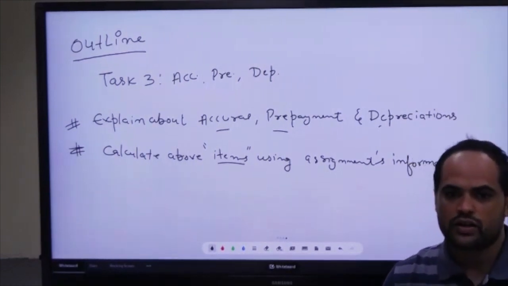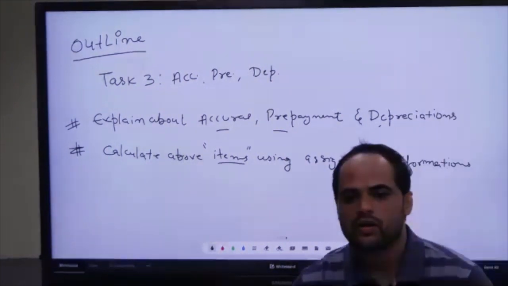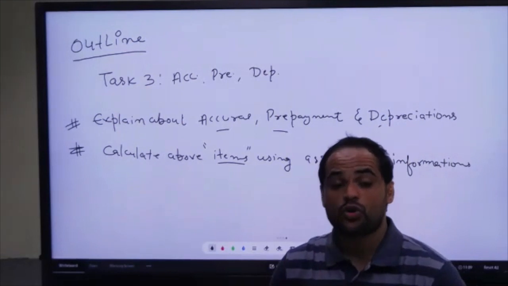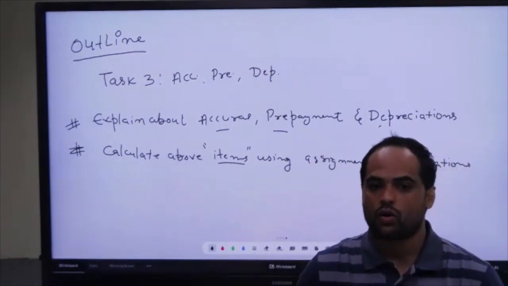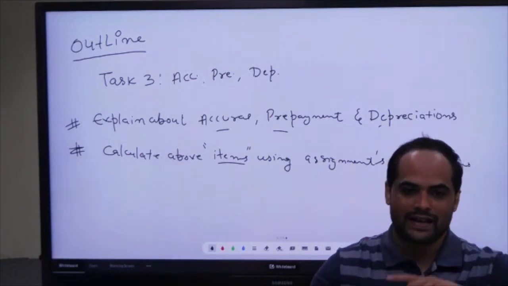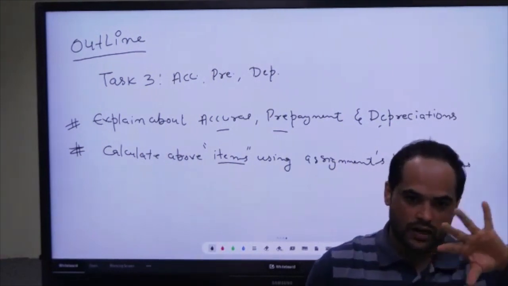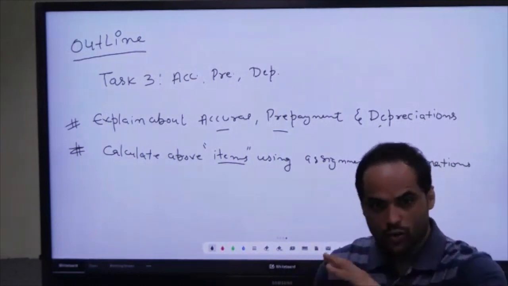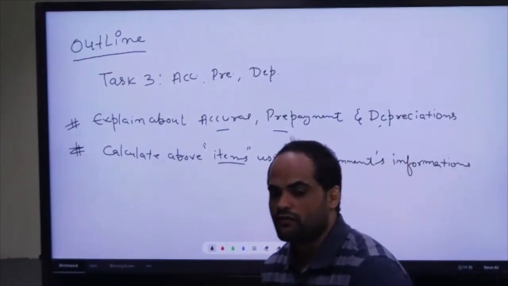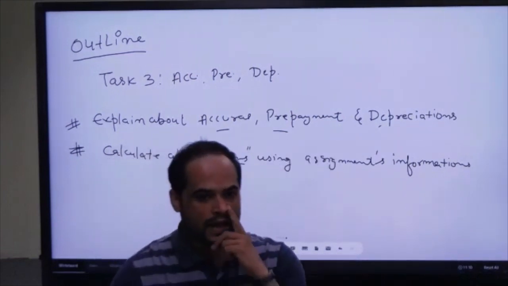So a student asked me a question. The diagrams will be in your task 4, right? Not in your task 3. Prepayments, like in my videos, the income statement, the balance sheet, that kind of diagram belongs to your task 4, in final statements and adjustments.